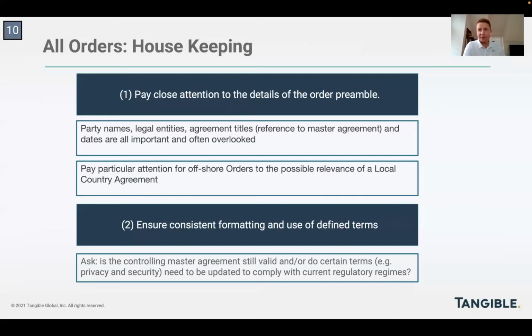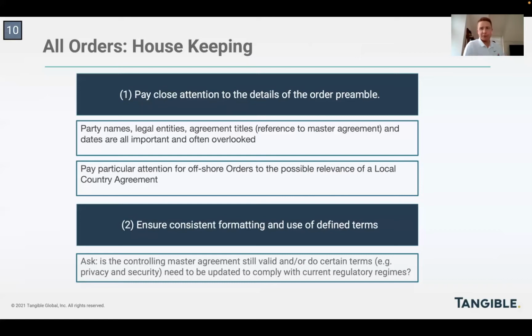So a specific example of this is to make sure that the privacy and security terms in your master agreement that covers the order form that you're presently working on are current and accurately capture and reflect the type of data being exchanged between the parties.